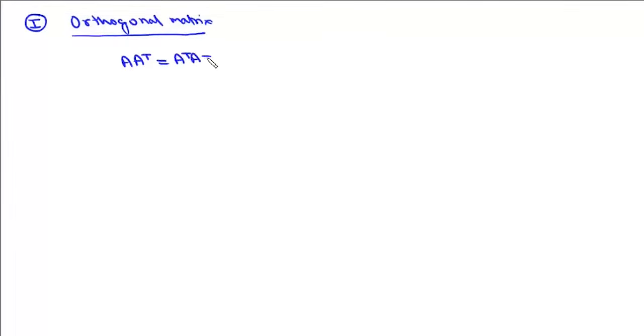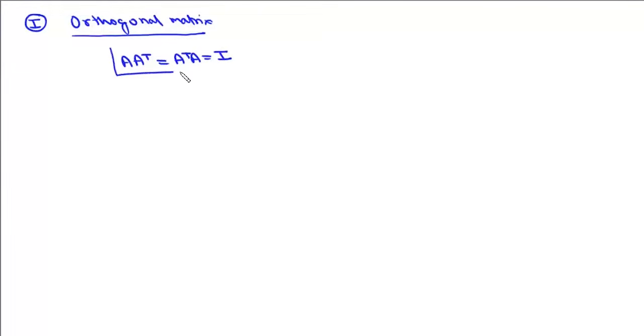Now we'll discuss some more types of matrices, and the first one is orthogonal matrix. Now a matrix is said to be an orthogonal matrix if A into A transpose is equal to A transpose into A, and it is equal to an identity matrix.